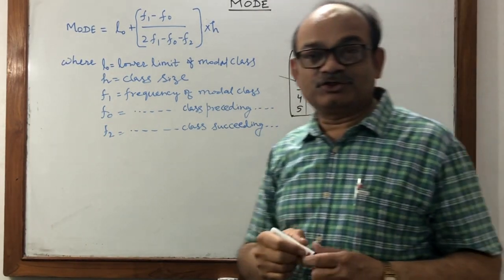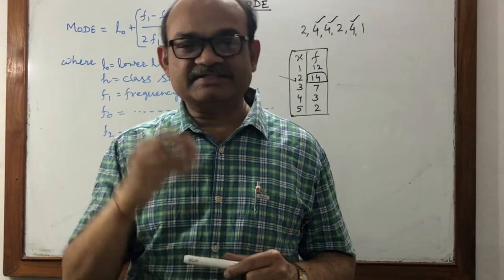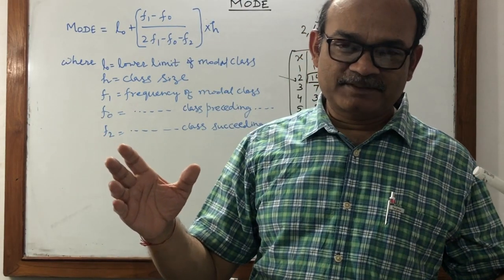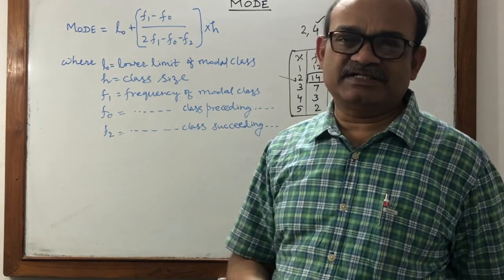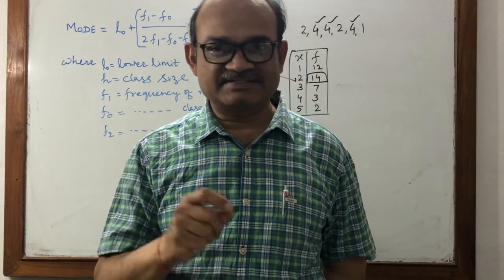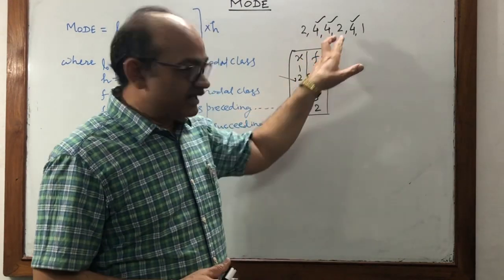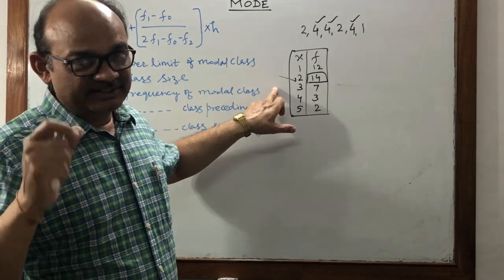It means 2 is the mode for Hardik Pandya. This type of statistics we are using in our daily life. What is the mode? Maximum number of times repeated number is said to be the mode. Here the mode is 4 runs and here the mode is 2 wickets for a particular cricketer.